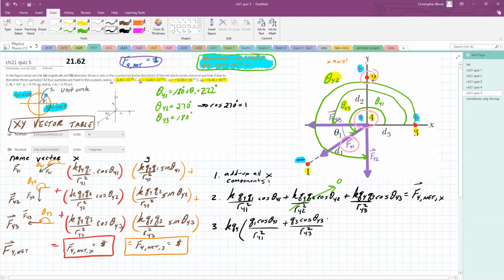That's it. I still have to process some more, but again, what am I doing? I am calculating the net force acting on particle 4 in the x direction with numbers. I think it's time to plug in numbers. So with numbers, let me move this over.